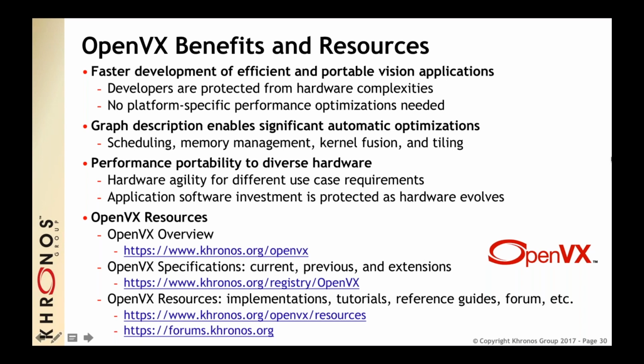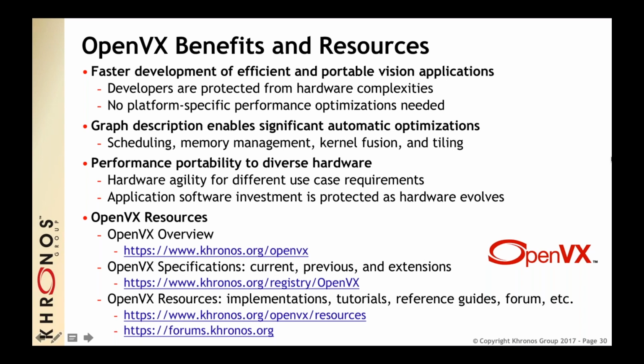And the graph is also abstract enough that it can be portable to lots of different hardware, where not only do we have different kinds of CPUs and GPUs, but also DSPs and FPGAs and special purpose hardware are potentially available. And some implementations do, in fact, take advantage of that.